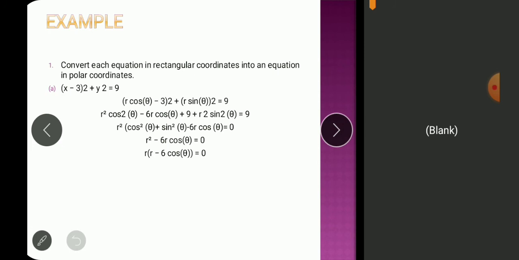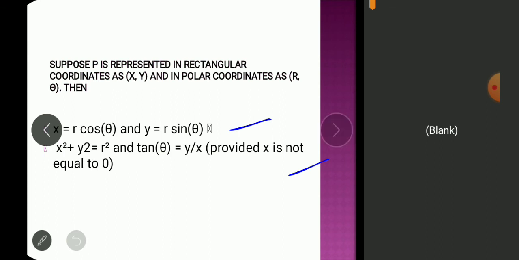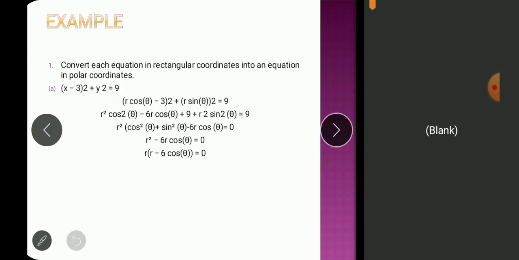Then factor out. So we have the quantity of r minus 6 cosine theta is equal to 0. We get r is equal to 0 or r is equal to 6 cosine theta. We know the equation x minus 3 squared plus y squared is equal to 9 describes a circle.